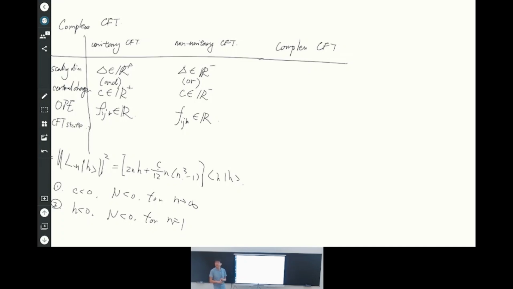Well, my point is that it's not clear to me that outside the context of unitary CFTs the OPE even exists, let alone talking about what values OPE coefficients should take.